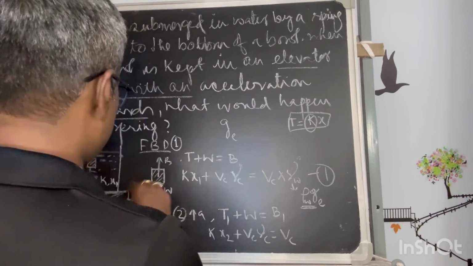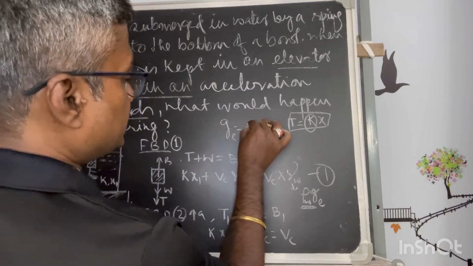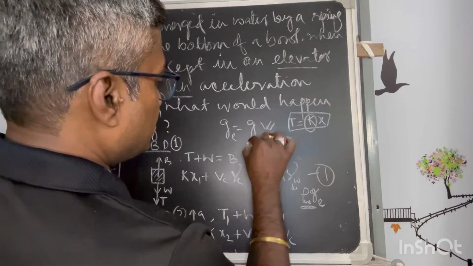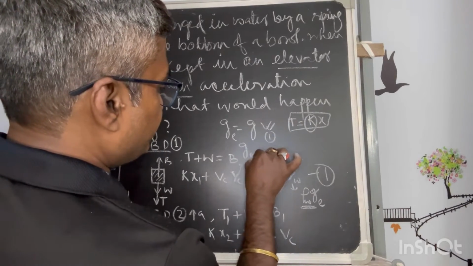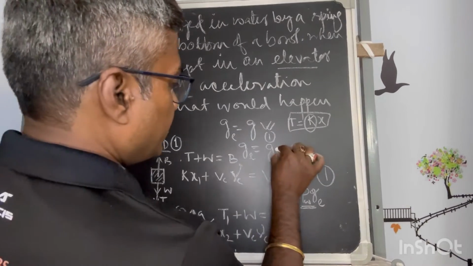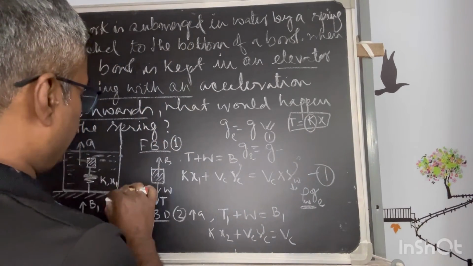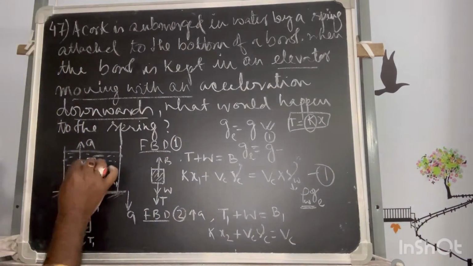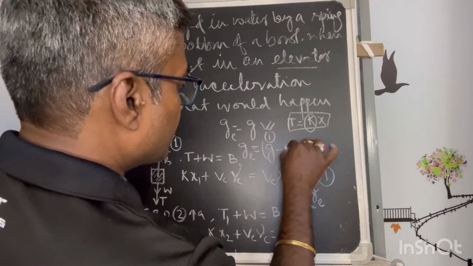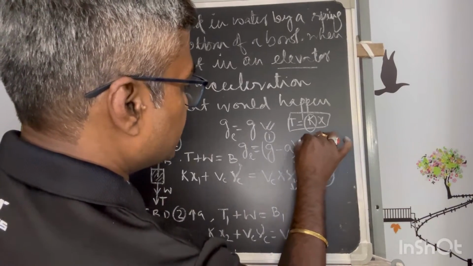For the first case, when there is no acceleration, g effective is equivalent to g. For the second case, g effective is equal to g, which is downward, minus a on the body, since g is acting downward and a is acting upward. So g effective is g minus a. This is the only change for the second case.